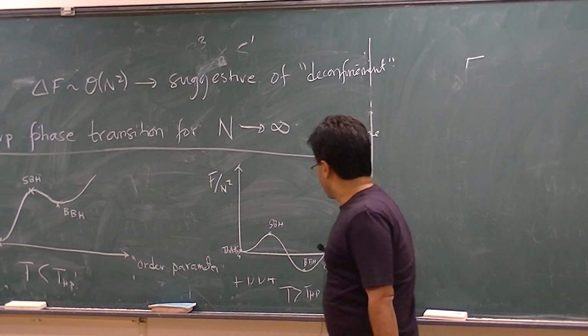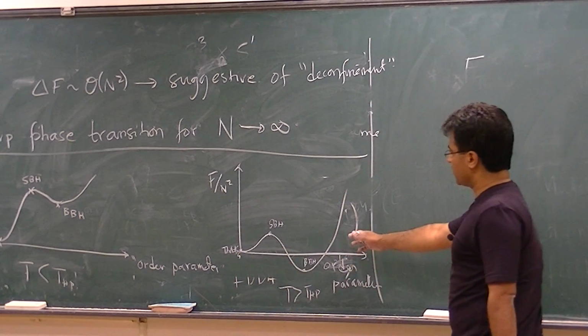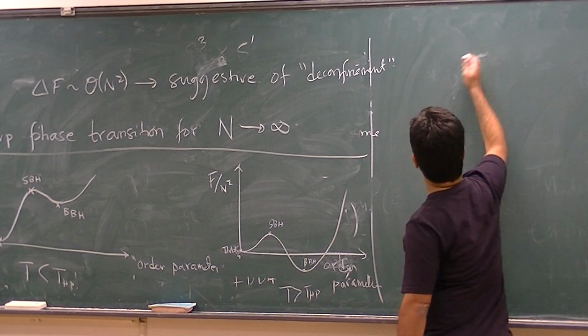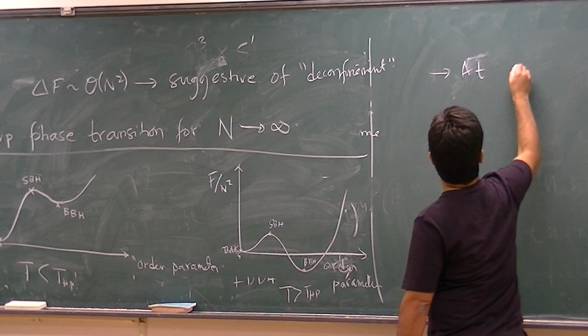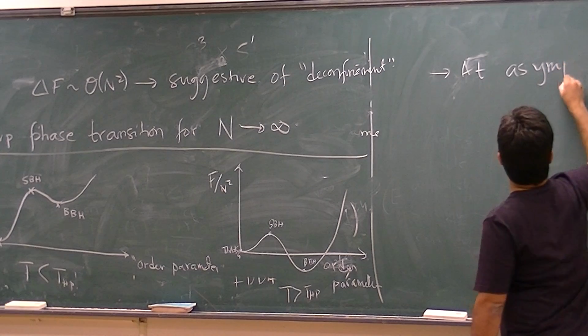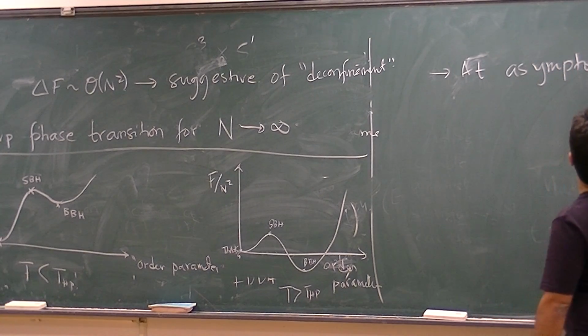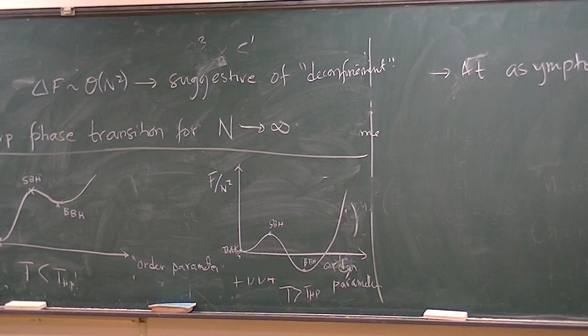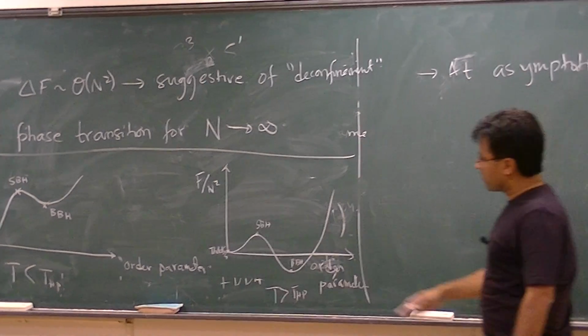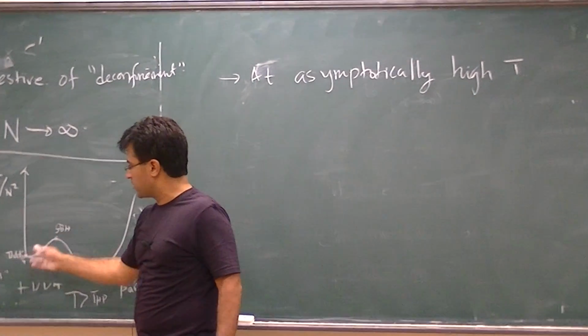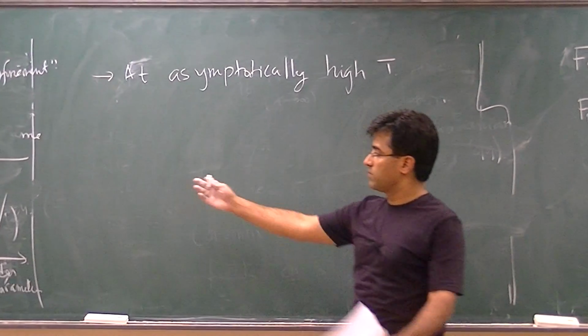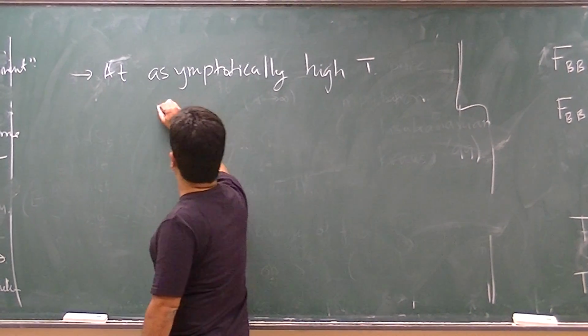So, if you increase the temperature to asymptotically high temperatures, we expect that eventually this saddle point will just disappear. Thermal AdS and the small black hole will merge.